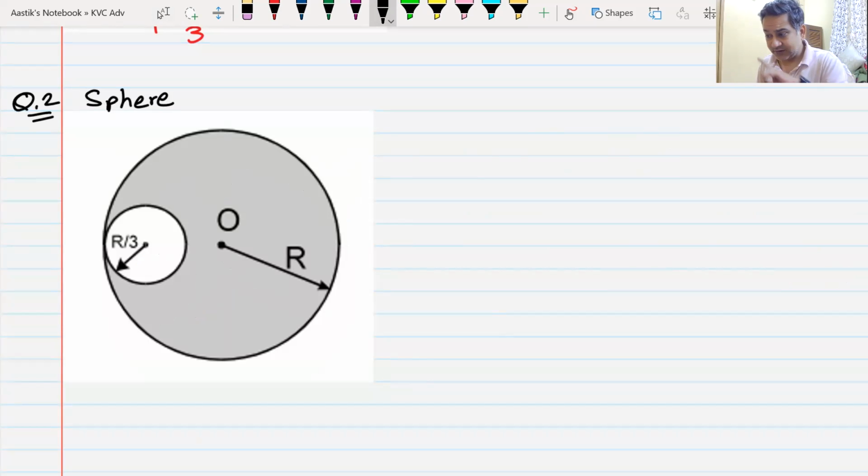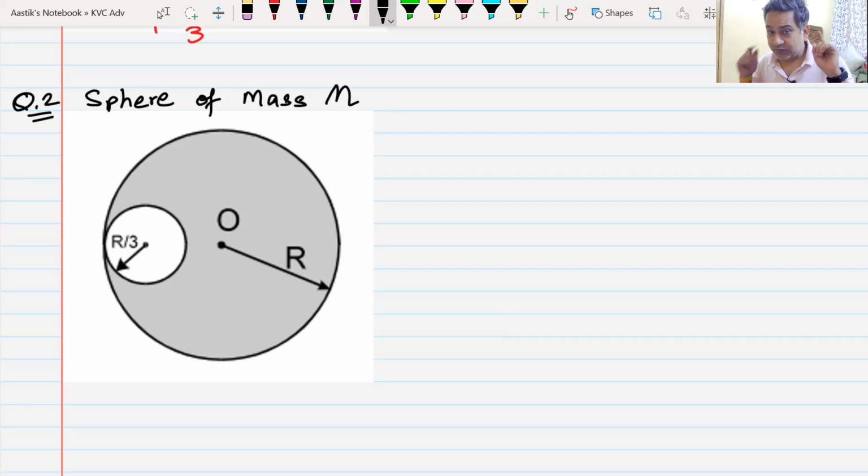Do we understand it? This is a sphere with a hole now, not a disk, but a sphere. Mass of the original sphere without the hole is m. The original mass of the sphere is m. Do we understand this? Now r by 3 radius has been taken out.